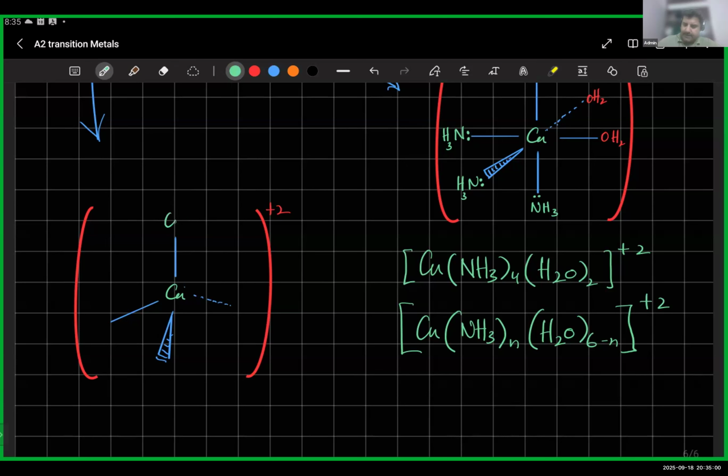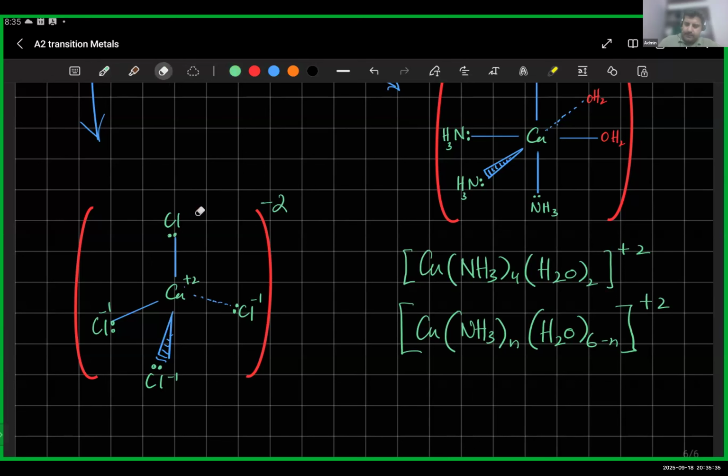So you have Cl minus 1 coming in, another Cl minus 1, another, and another Cl minus 1. Remember, this was plus 2. You have minus 1 lone pairs coming in, each minus 1. So the total charge on this is going to be minus 2.